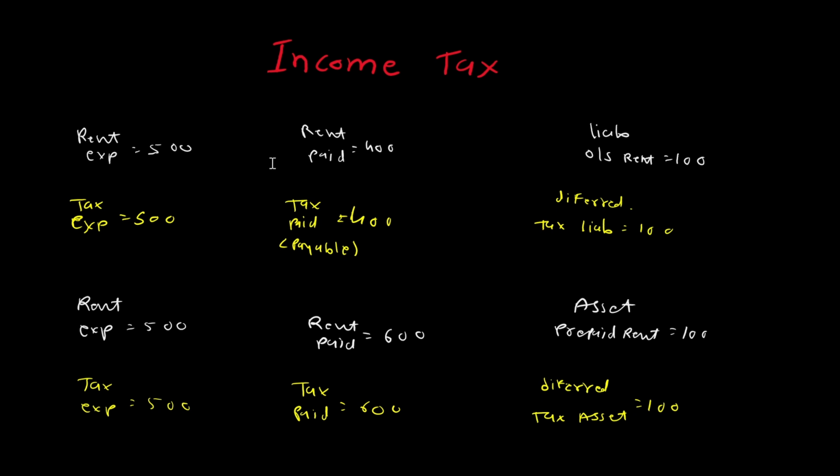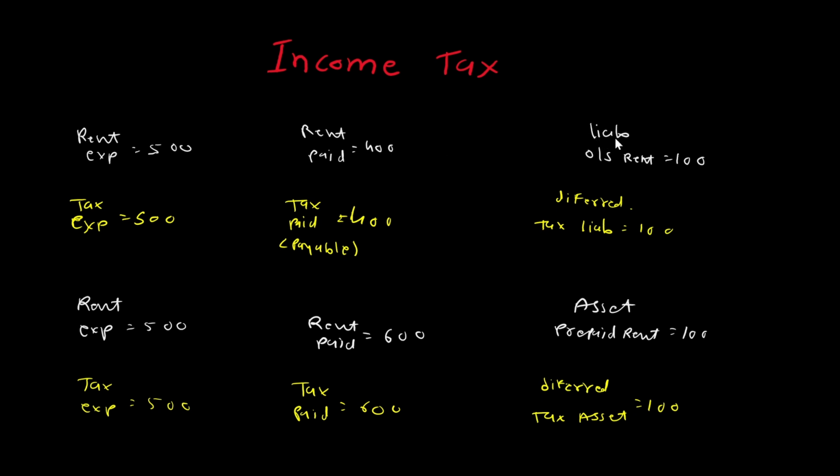We'll start with a first example of a rent expense. Suppose I have a rent expense of 500 and I paid rent of 400. What would be the impact on my balance sheet?